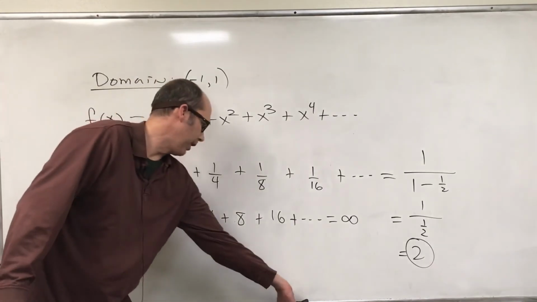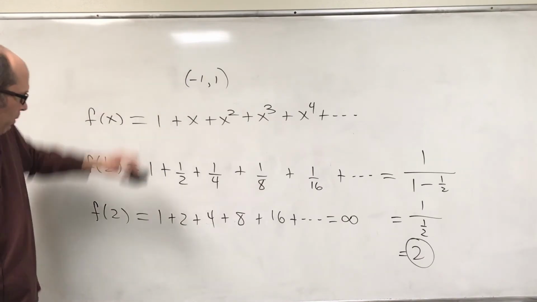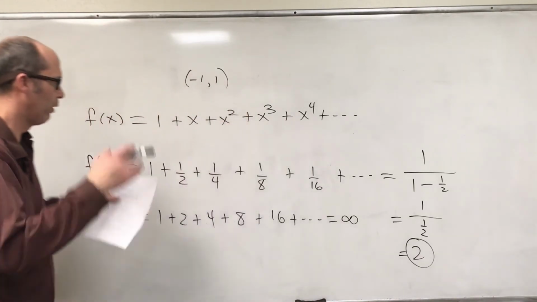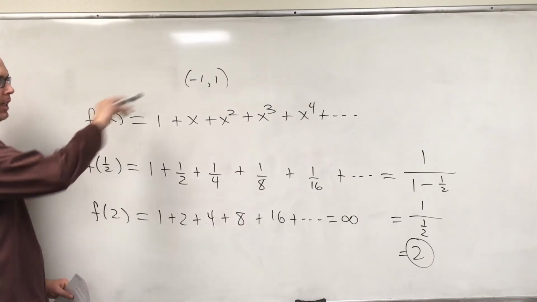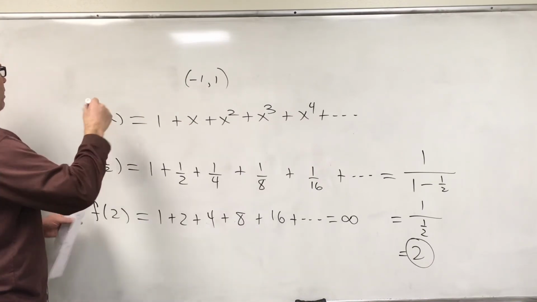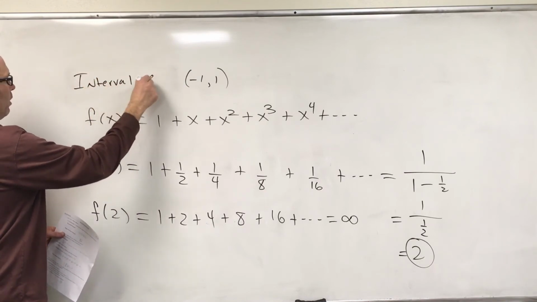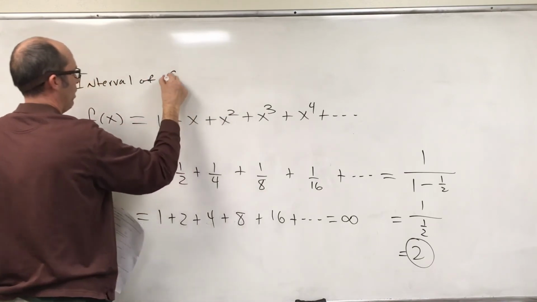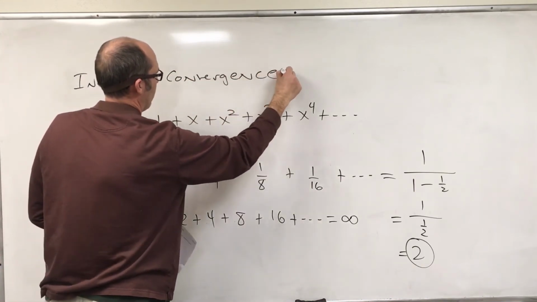This is what we call the interval of convergence. It's the interval of numbers that you can put into this thing and actually get a number out. This is the interval of convergence.